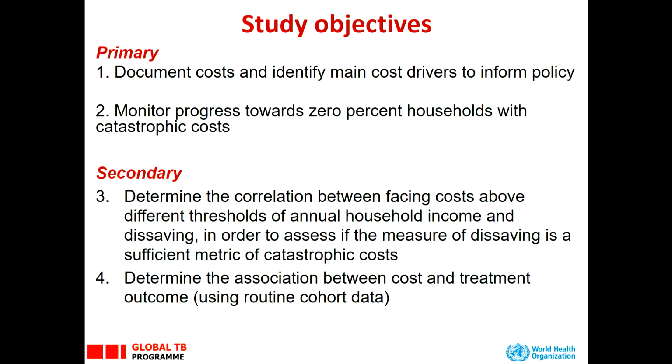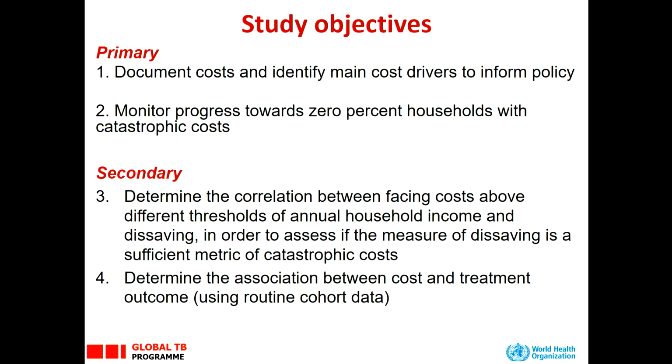We also have 2 other objectives related to some methodology checks. One of them is to determine the correlation between facing cost above different thresholds of annual household income and dissaving. And this in order to assess if the measure of dissaving is a sufficient metric for catastrophic cost. So 2 things. One on the word dissaving.